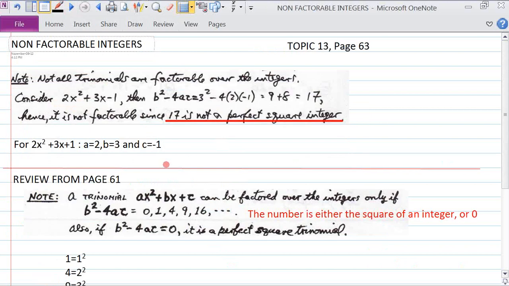Now, the last piece on page 63 that we're going to discuss is how do we determine if a trinomial is factorable? So here we have 2x squared plus 3x minus 1. For this, a is deemed to be the coefficient of x squared, b is the coefficient of x, and c is the number minus 1. Oh, I see there's a mistake here, and this should be minus 1. So we'll do that.